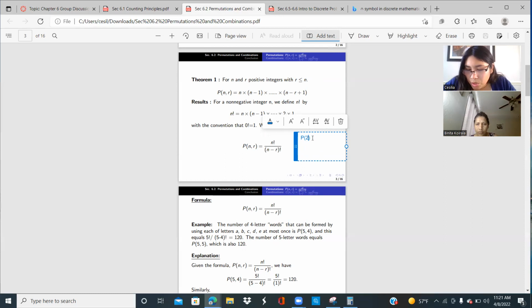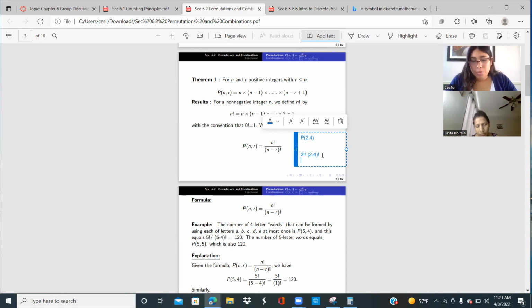Let me just do 2 comma 4, and then I'm going to put it into the formula right next to it. So for that, it would be 2! divided by (2 minus 4), and I'm going to put that in parentheses because we have to get the factorial of that.